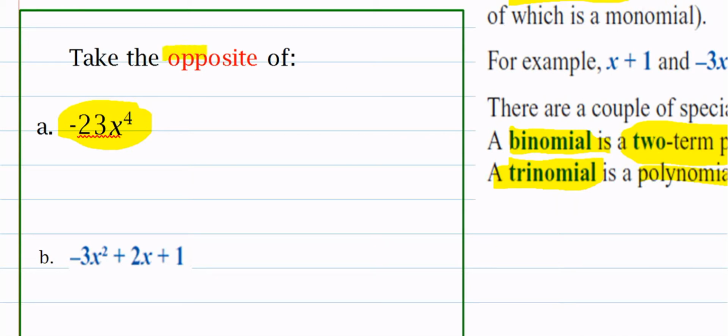Think about that. If I want to take the opposite of 3, I'm going to say I'm going the opposite of 3. Let's write that down. If I wanted to put this in words, it would say the opposite of 3.